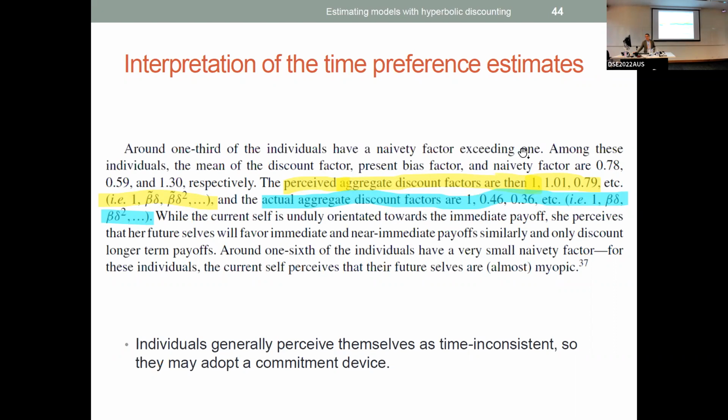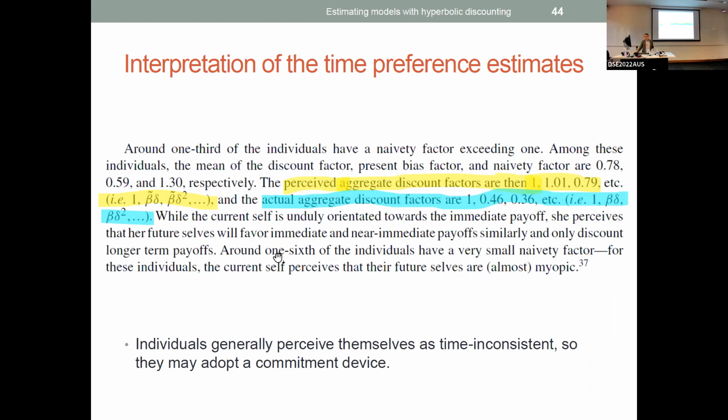So when you multiply them, you get 1 and 1.01. So in fact, the perceived discounting is actually flat for the first 2 periods and then declines afterwards. And the actual aggregate discount factors would follow just a steep decline followed by gradual decline for subsequent periods.